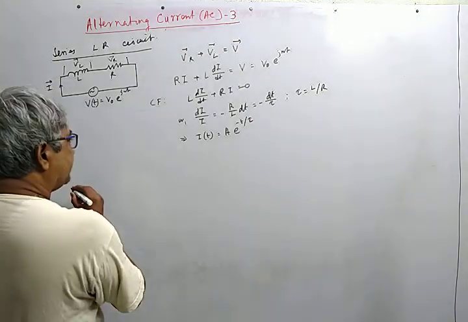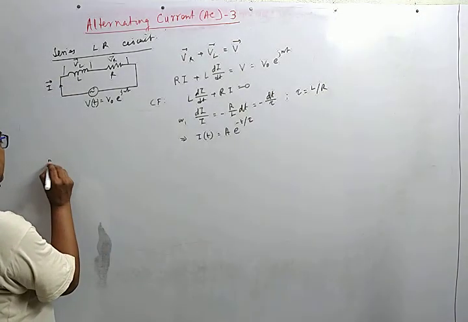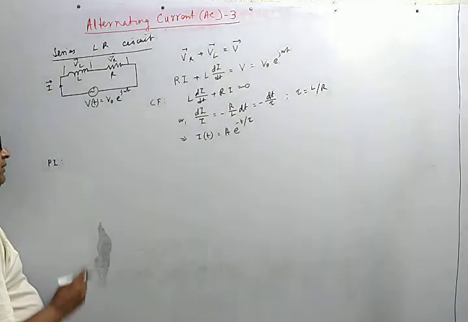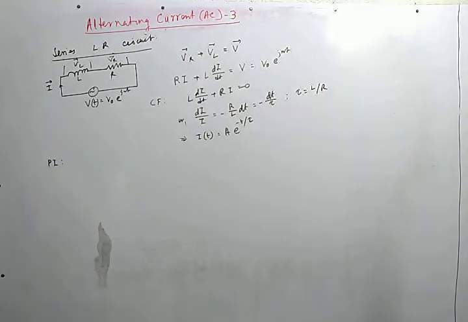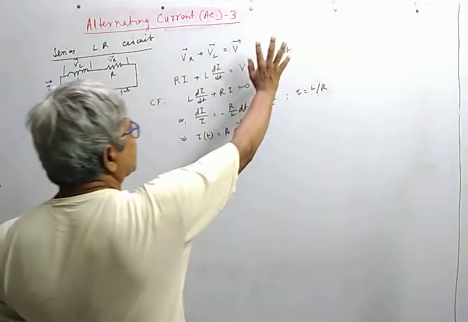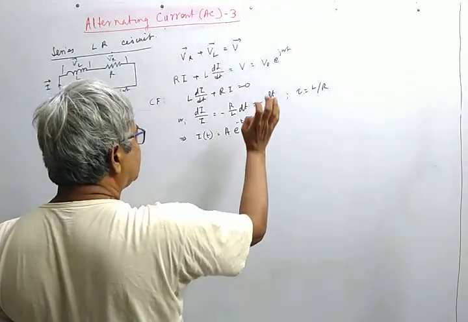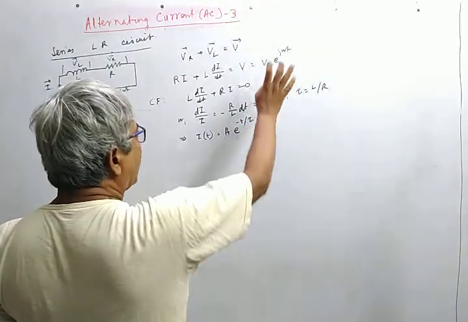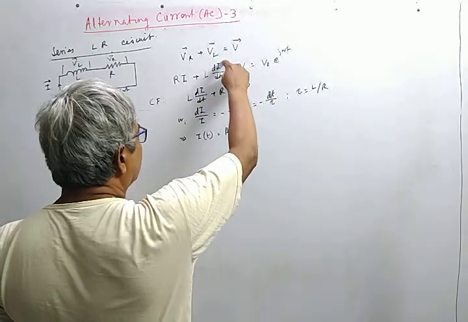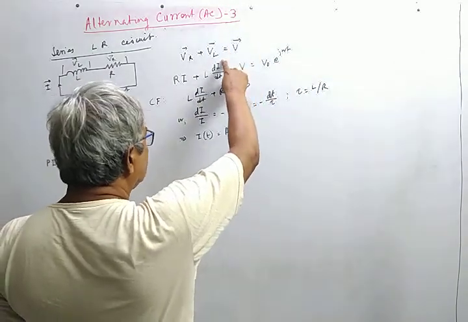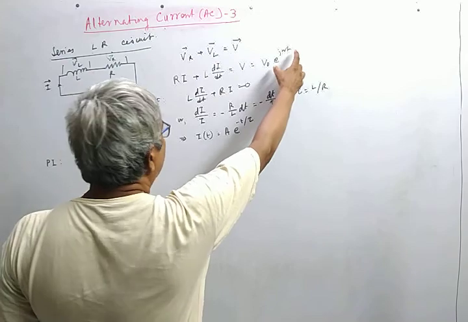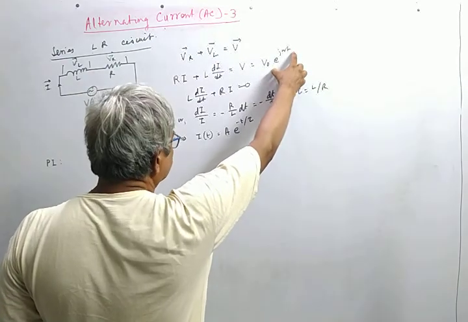And now the particular integral. Note that initially this solution dies down, and ultimately the current in the circuit changes in tune with the applied voltage.